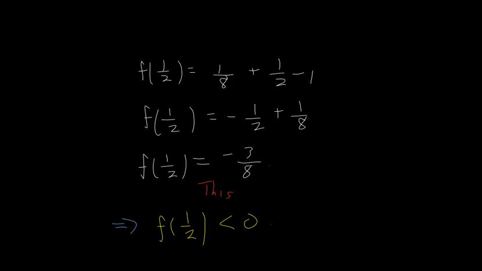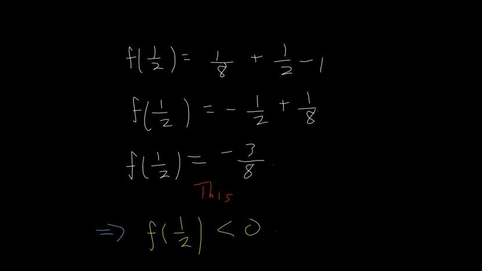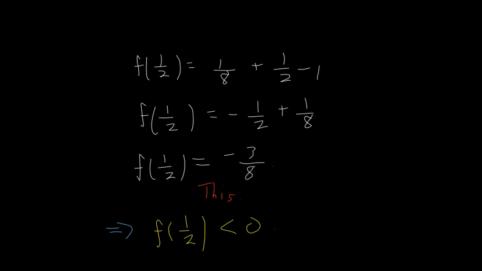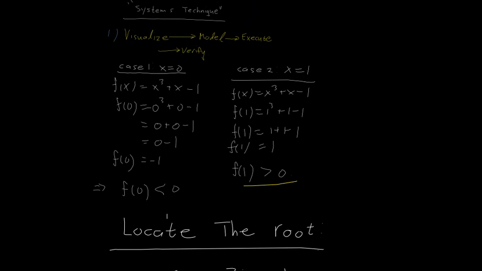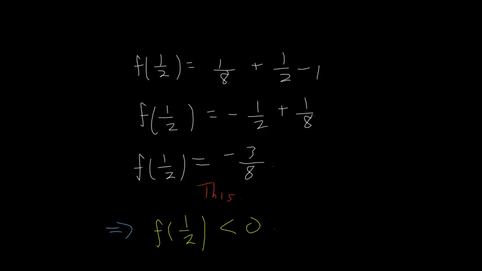Look carefully: f of 1/2 was -3/8, and f of 1 was greater than 0, so that's where we have the sign change.